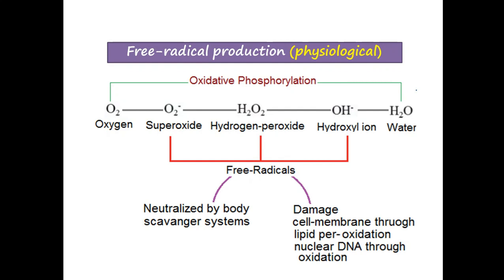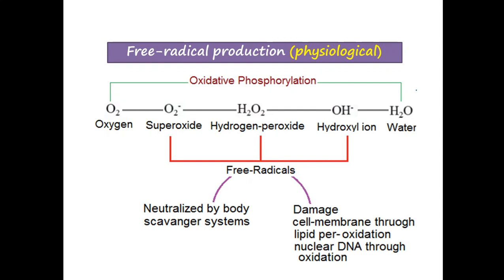And normally in physiological processes, the free radicals that are produced are neutralized by certain antioxidant mechanisms, certain scavenger systems of the body, so that they don't accumulate to cause injury.